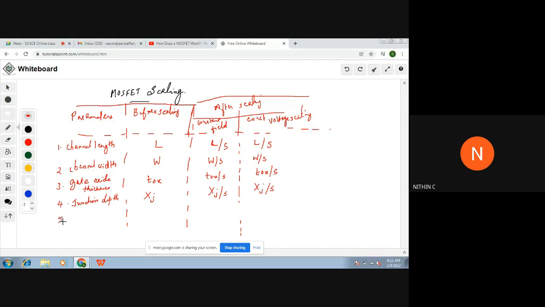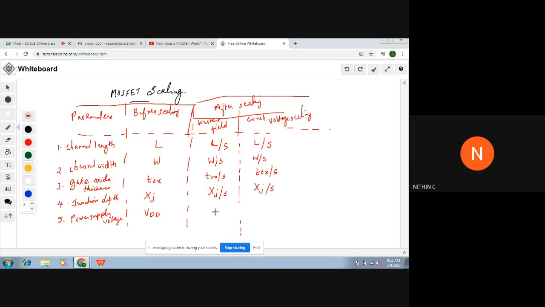Fifth point, power supply voltage. If I represent power supply voltage as VDD, how will that change? In constant field scaling, how does the voltage change?